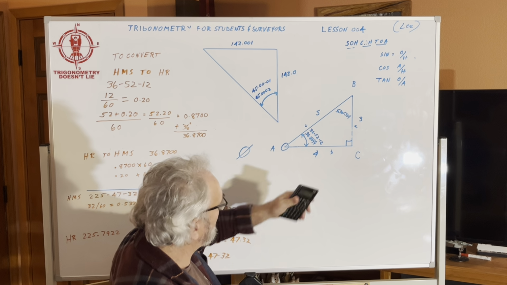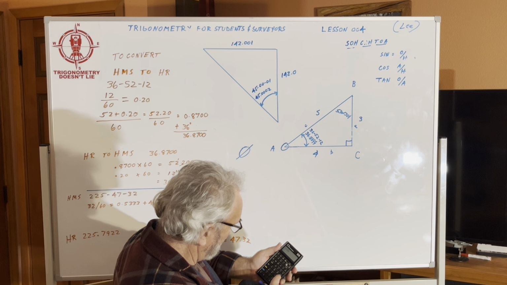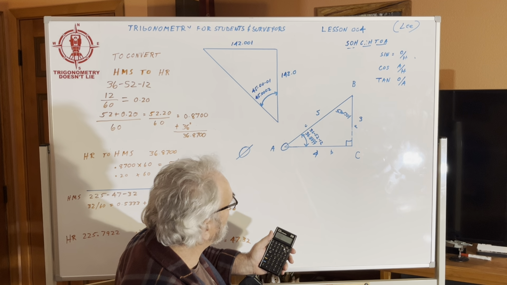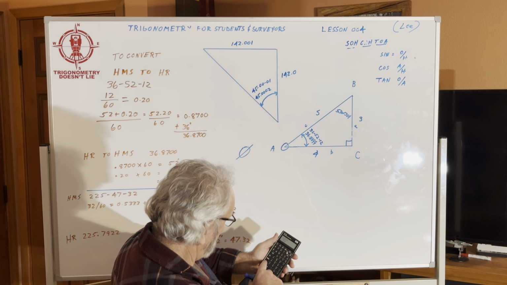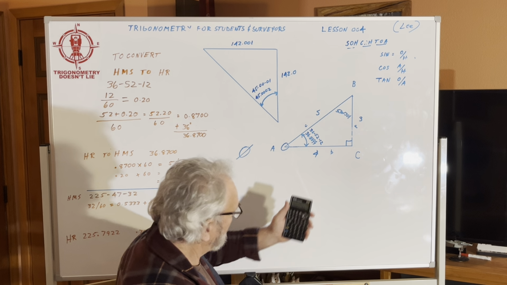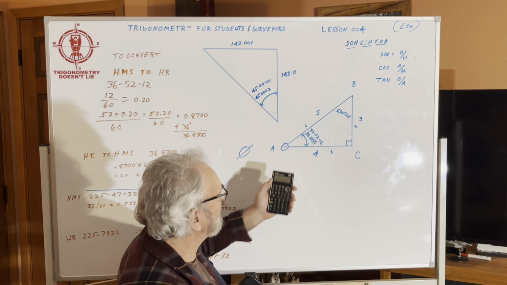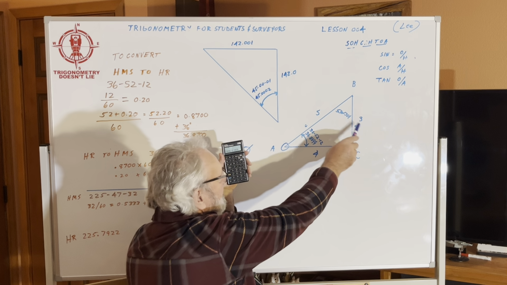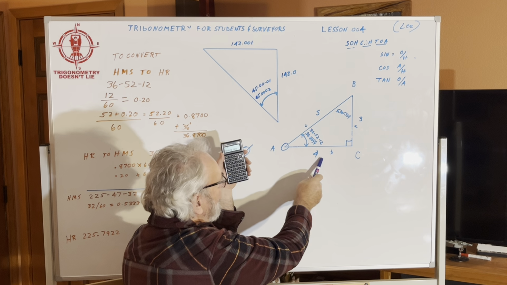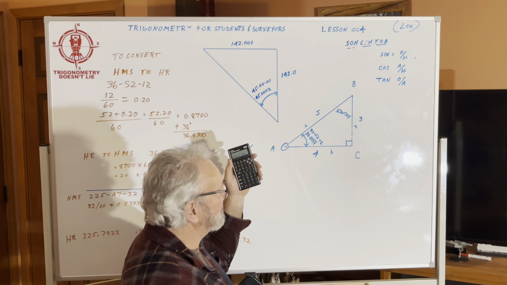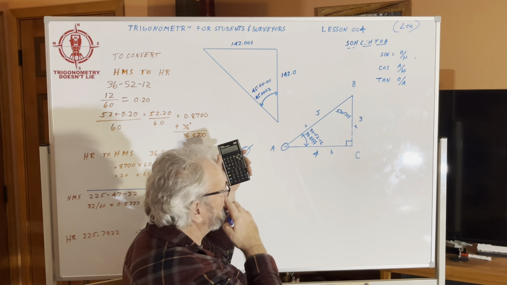Let's go 5 divided by 4, and that's 1.25. Now let's try to find the arc cosine on that. Arc cosine, invalid data. You can't do it, because to get the cosine, it's the adjacent over the hypotenuse, not the hypotenuse over the adjacent. And same with the sine.